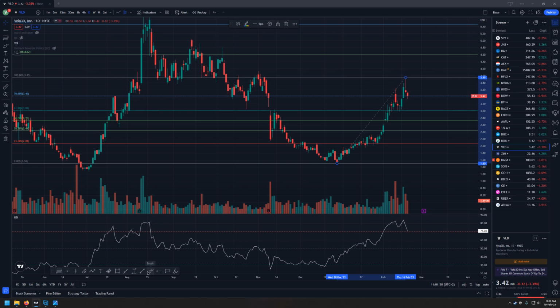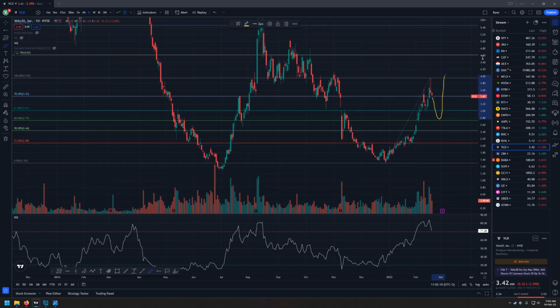So this is kind of what's going to happen. This, and then we retest. If it has momentum, it's good and it goes up. If not, breakdown. But most likely it's going to be a 50% pullback here, then up.